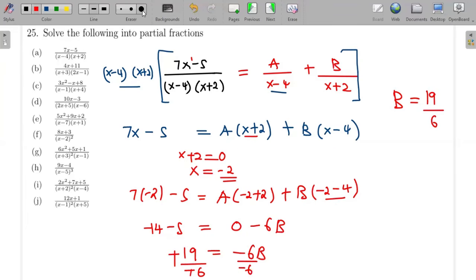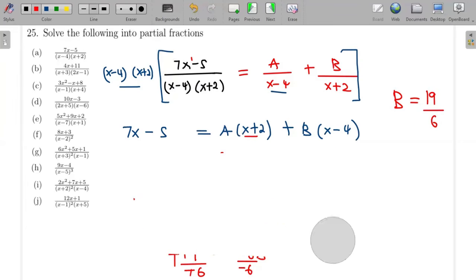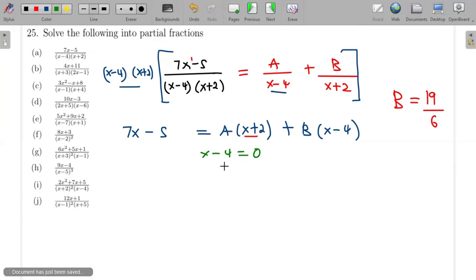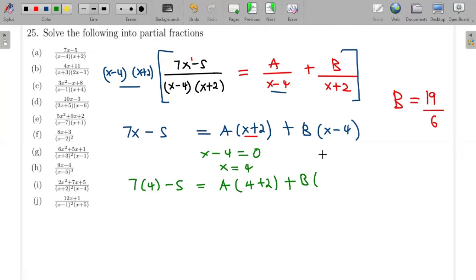So what about the value of A? If I want to find the value of A, then I have to eliminate the B. So to eliminate the B, I'll set x minus 4 to be equal to 0, which simply means x is equal to 4. So this will be 7 multiplied by 4 minus 5 is equal to A, and then this x is simply 4 plus 2, plus B, and then this x again is 4 minus 4.